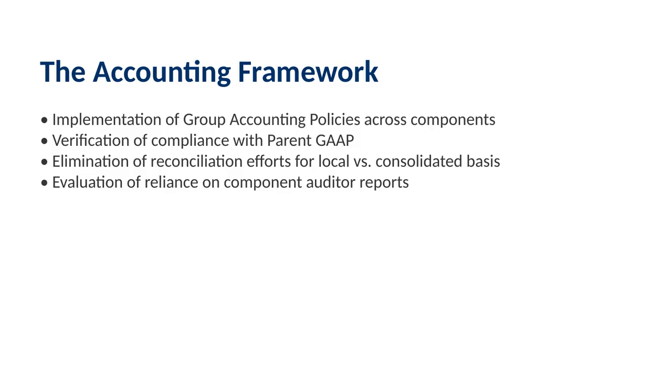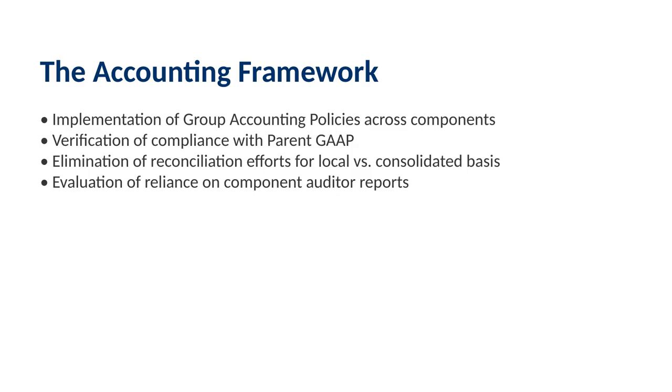First, let's talk about the accounting framework. Imagine a parent company with several components. To make things simple, the parent auditor often asks the components to report using the group accounting policies. Now, as the principal auditor, you can't just take this for granted. You must perform procedures to ensure these group policies actually comply with the GAAP applicable to the parent's financial statements.